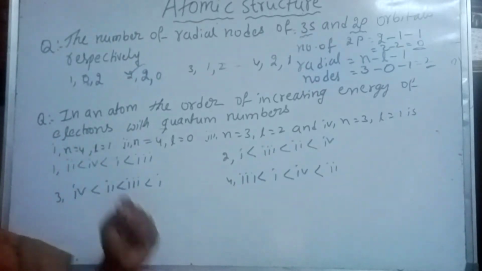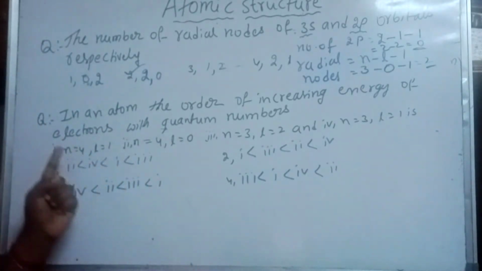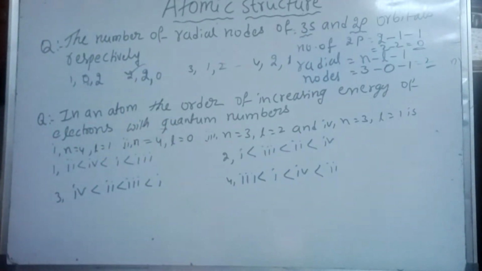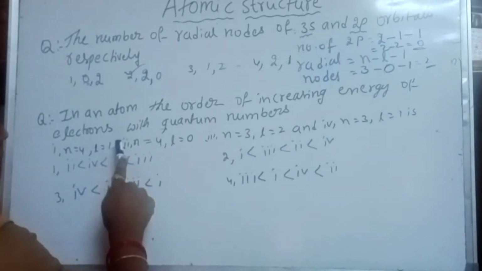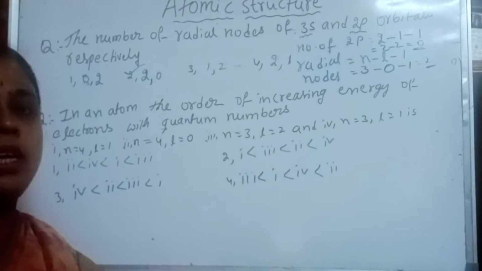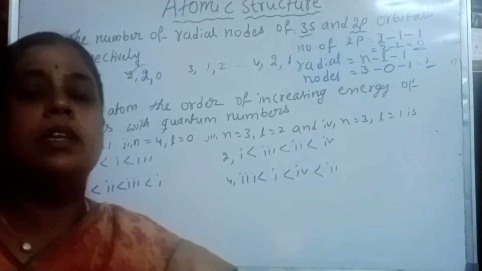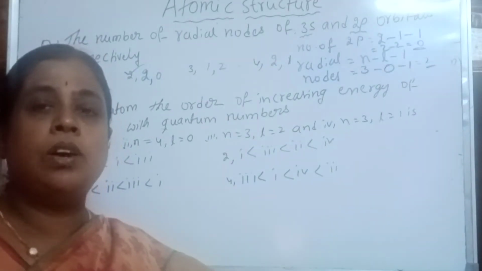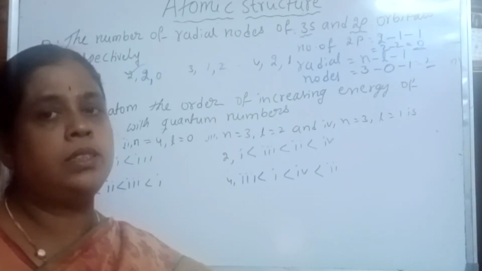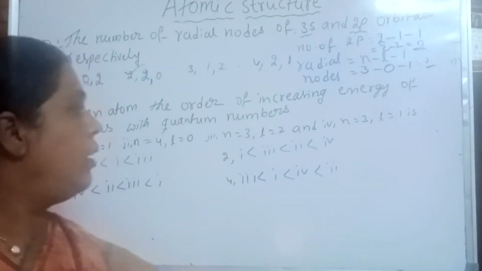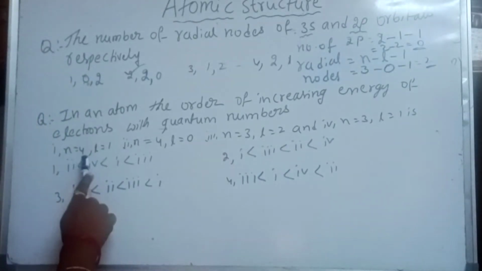Okay, next, the second question. See here, in an atom, the order of increasing energy of electrons with quantum numbers. Here, energy of electrons means generally we have to consider the energy of orbitals. Orbitals means 1s, 2s, 3s, 3p like that. So here quantum numbers are given.